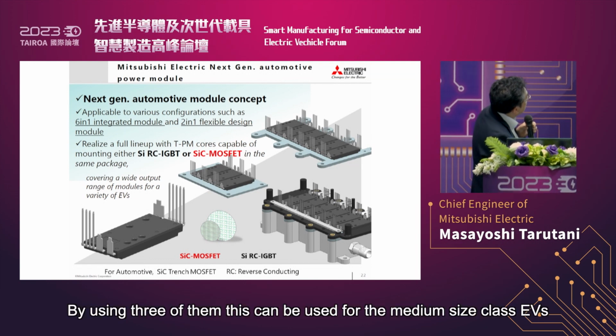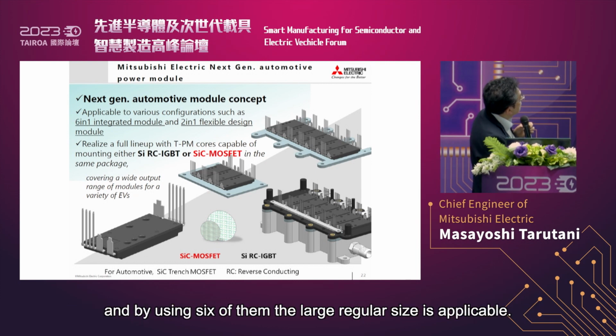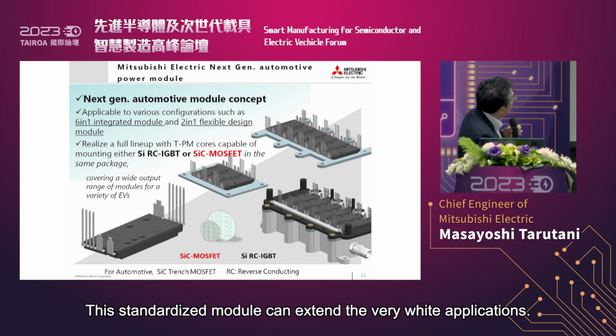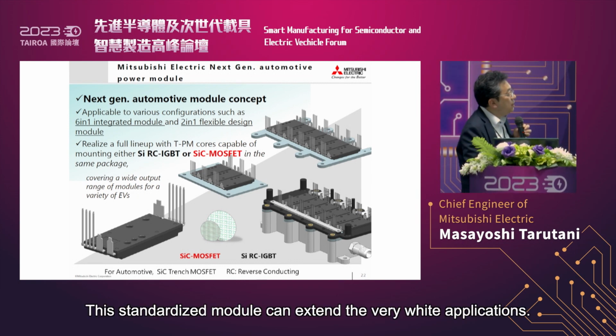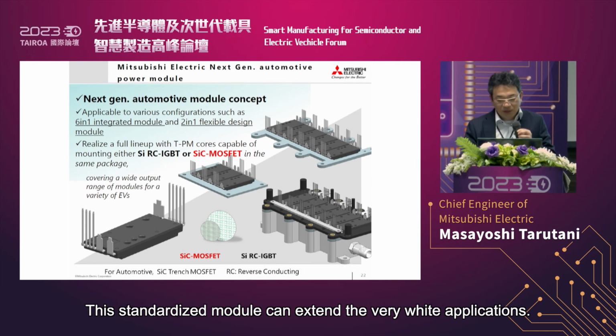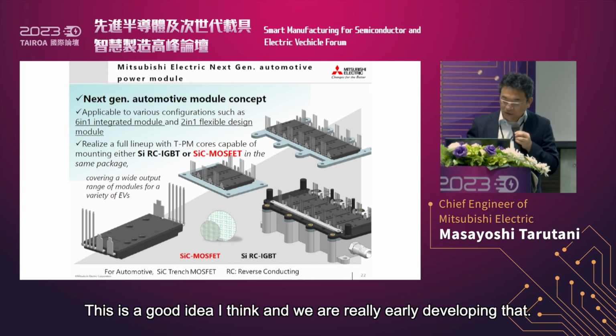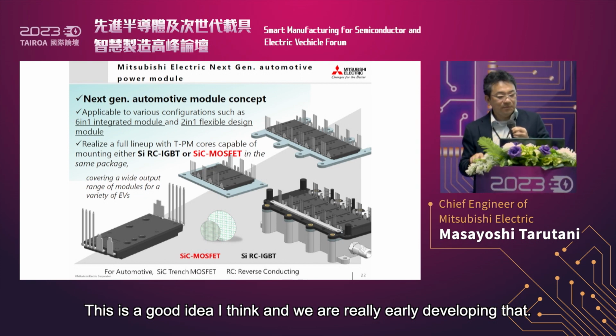By using three of them, this can be used for medium-sized class EVs. And by using six of them, large vehicle sizes are applicable. So this standardized module can extend to very wide applications. So this is a good idea, I think, and we are very eagerly developing that.